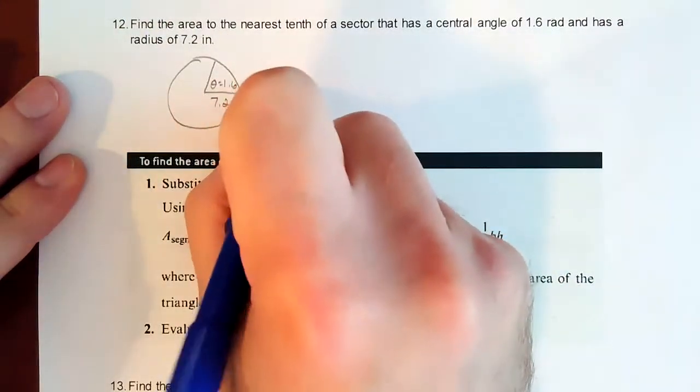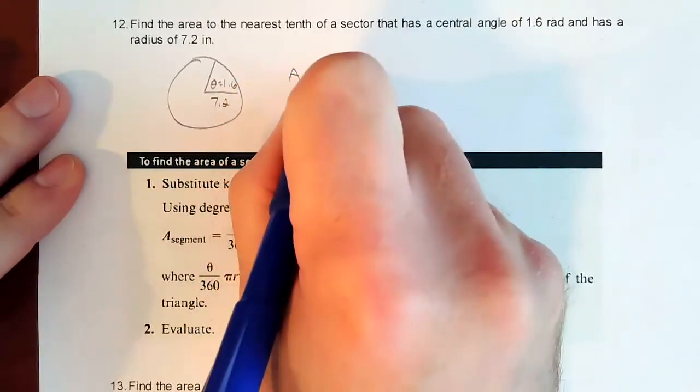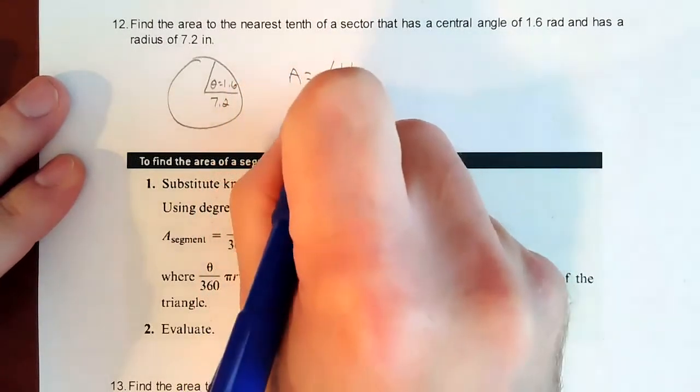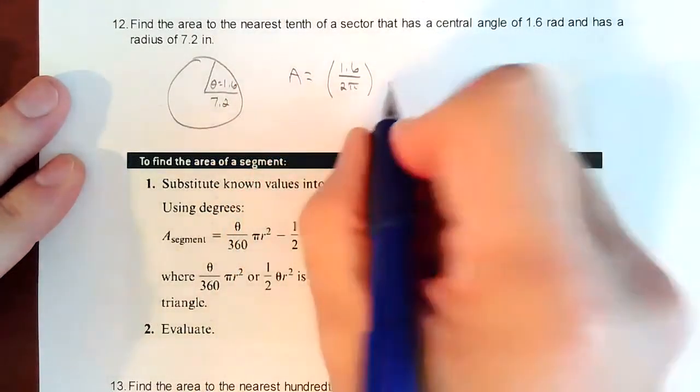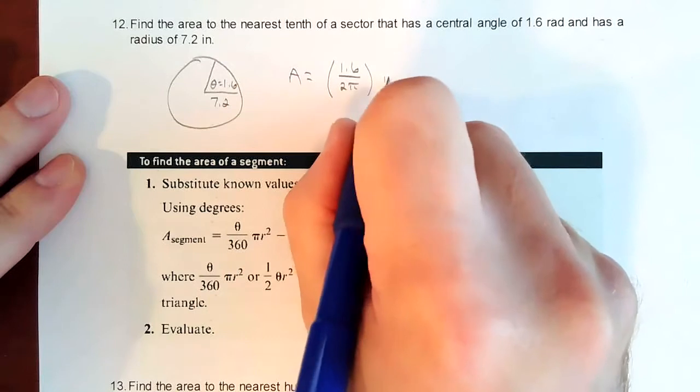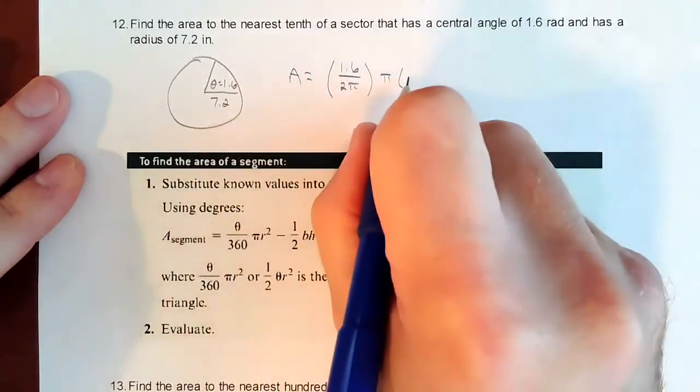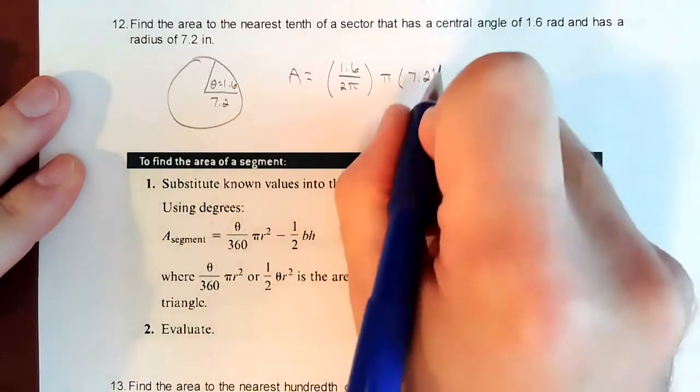Okay, so to find our area, it is fraction. Now this time, since we're in radians, it's going to be out of 2 pi rather than out of 360. And then we're multiplying that by pi times 7.2 squared.